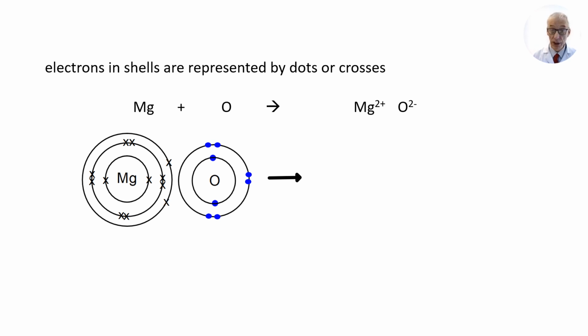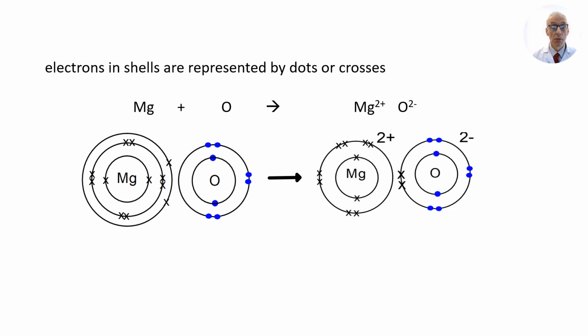Okay, so to reveal, magnesium 2+, it's lost its 2 outer shell electrons, here and here have been lost. Notice the way the dots and crosses map the identity of the electron transfer. So oxygen has gained the 2 outer shell electrons from magnesium. The 2 crosses are now in the oxygen outer shell.